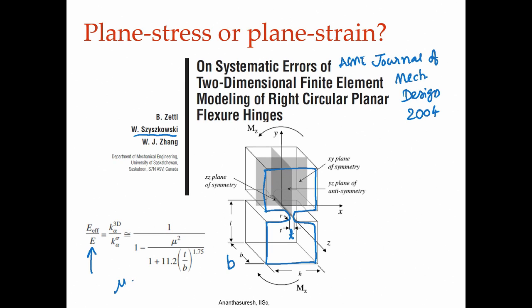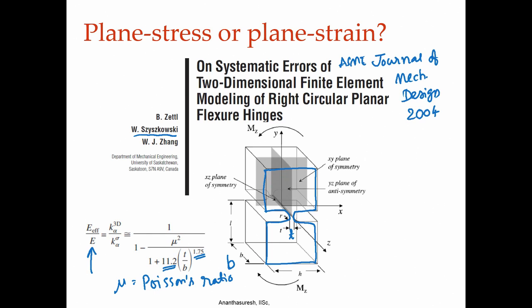For 2D analysis that does matter. This T by B is raised to 1.75, and 11.2, all these are empirical, but they have done really hard work to arrive at this formula.